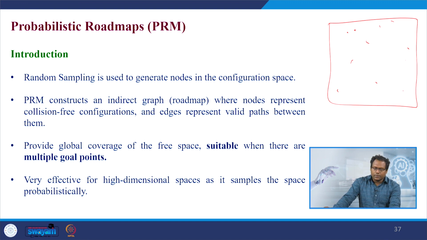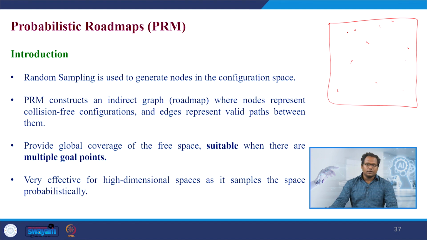How we choose that path? PRM constructs an indirect graph, which is a road map where nodes represent collision free configurations and edges represent valid paths between them. Nodes are also termed as vertices.